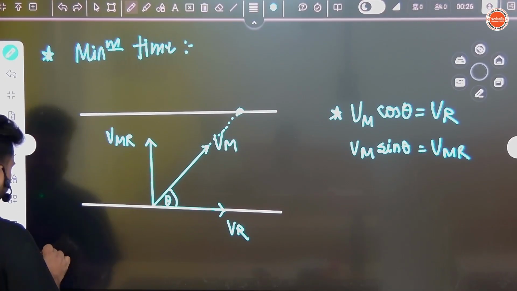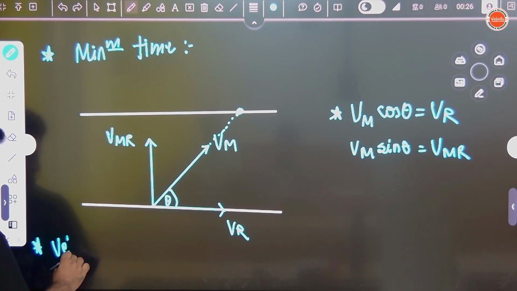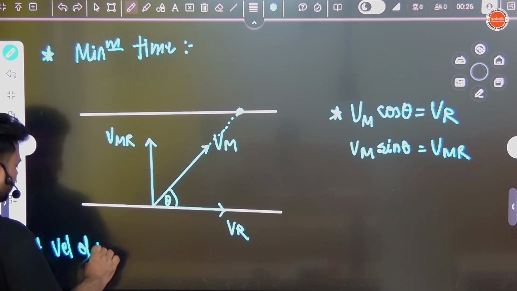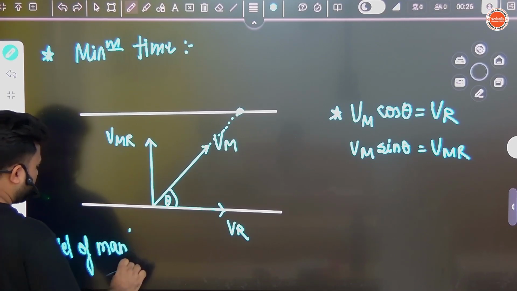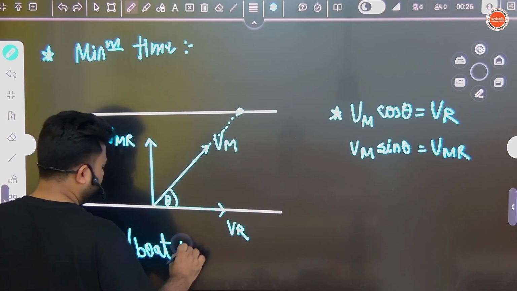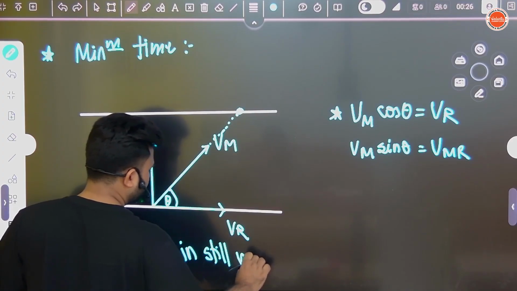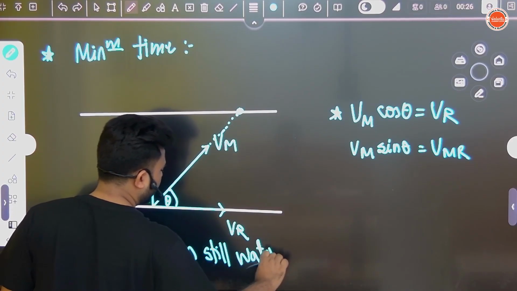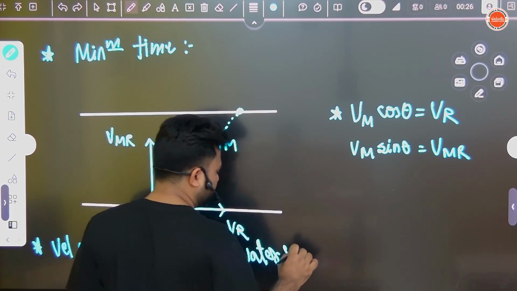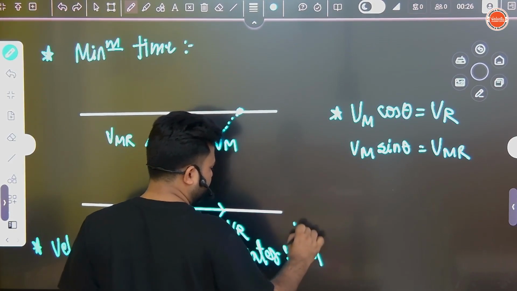See, whenever they write this statement, that velocity of man or boat, whatever, in still water, always remember, this is not the velocity of man. If you write that, it will be wrong.